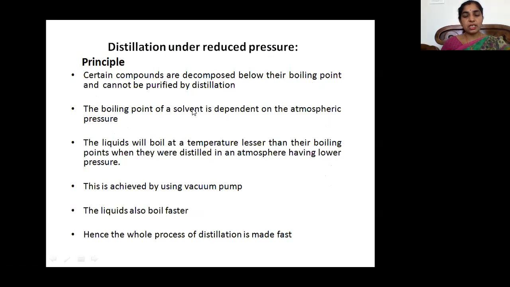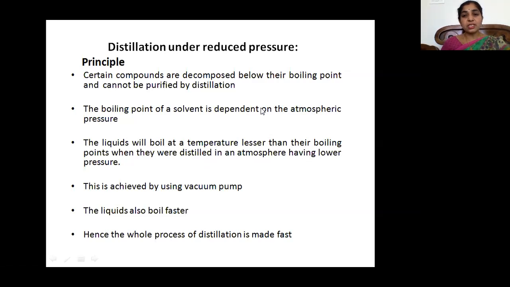Let us see in detail what exactly this is. The boiling point of a solvent is dependent on the atmospheric pressure. We know very well, I have discussed already in the previous video, that liquids will boil at a temperature lower than their boiling point when they are distilled in an atmosphere having lower pressure.